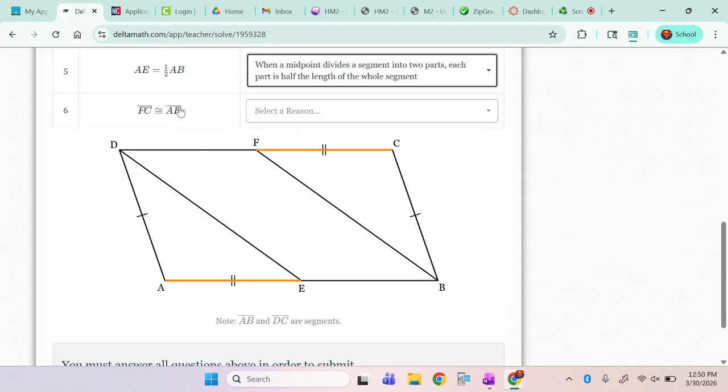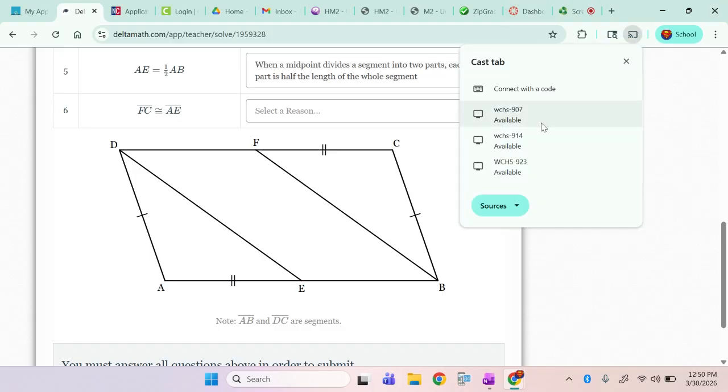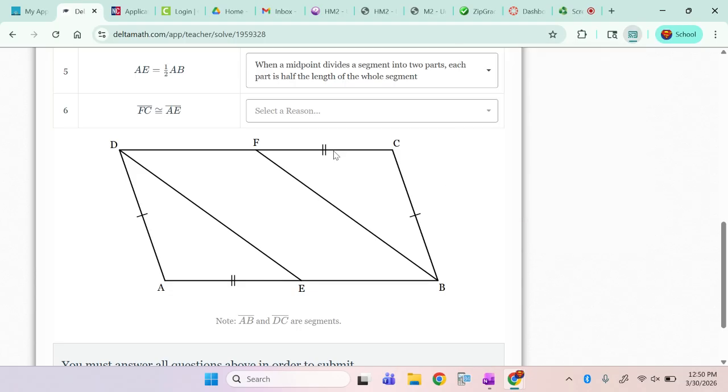So they then say that FC is equal to AE. Why can I say that? So why can I say that these two sides are equal? Think about it. Aren't they half of congruent sides?